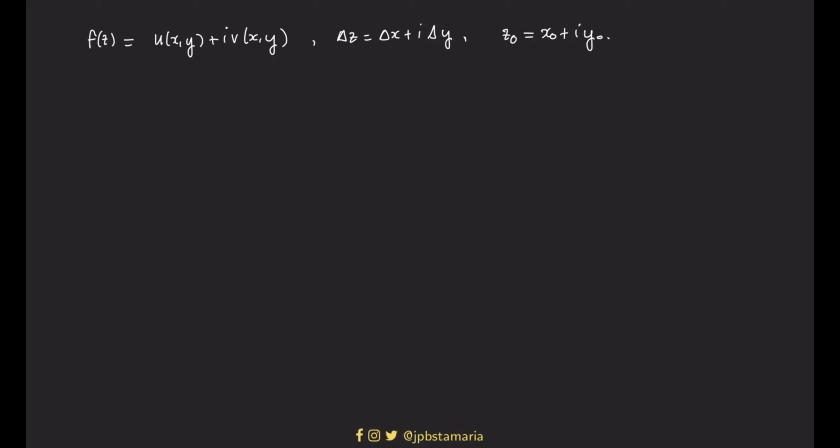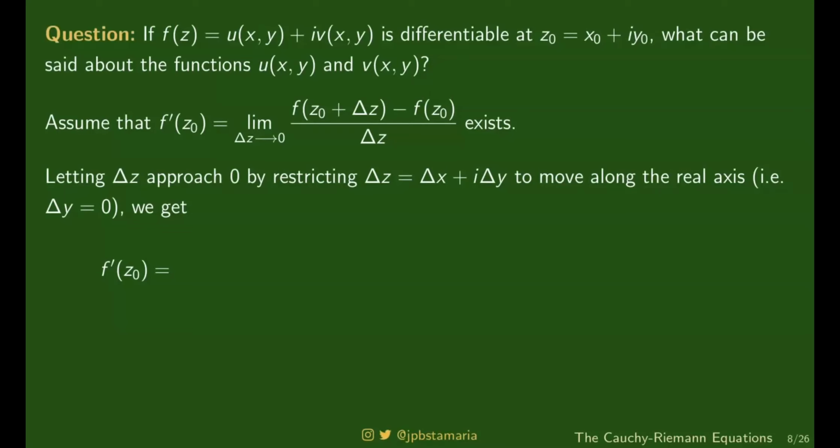Yan yung mga given. Okay? So if I take f of z naught plus delta z minus f of z naught all over delta z, yun ba yung ginagawa ko? Let's check. Yeah. I'm doing this specifically.